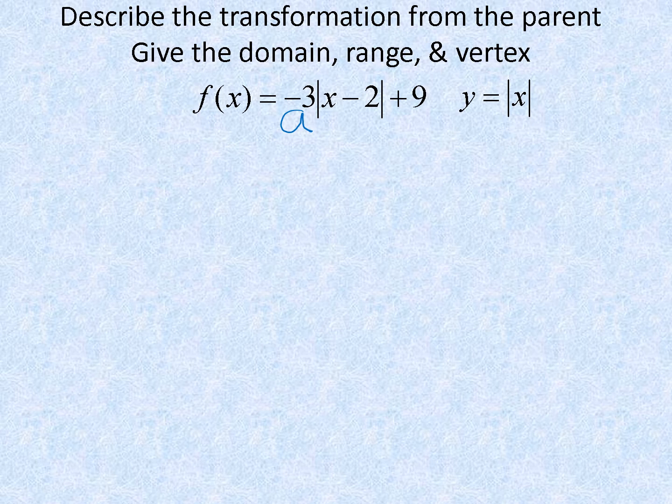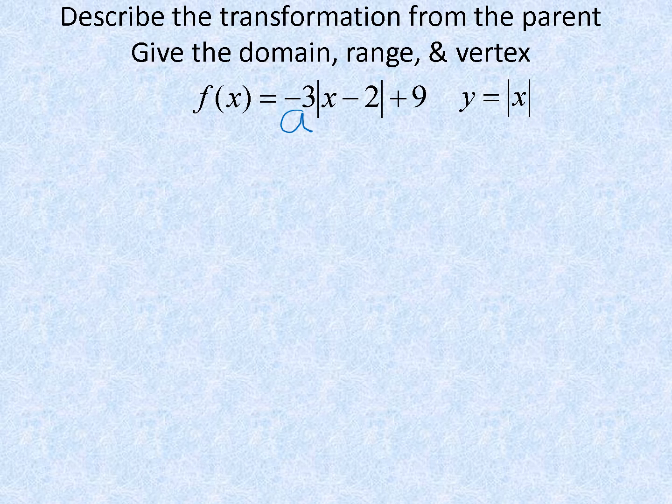Looking at the b, the b is really the number in front of the x. So b is 1. Yes, it exists, but does it affect the function? Not really. We only really have to worry about the b if it's anything other than 1. So we have a b value, it's 1, it doesn't matter.